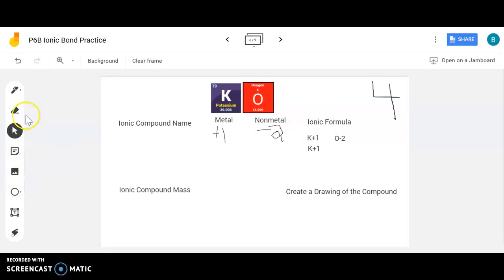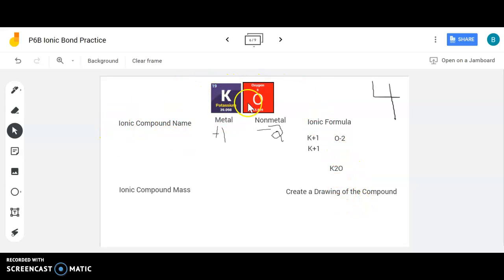So that is balanced out. And our formula would be K2, because there are 2 potassium. Because there's 1 oxygen, and you don't need to put a 1 after the oxygen. So K2O is our final formula.